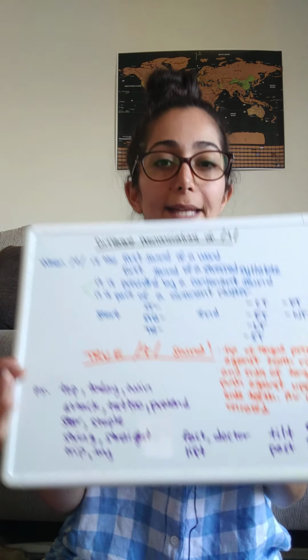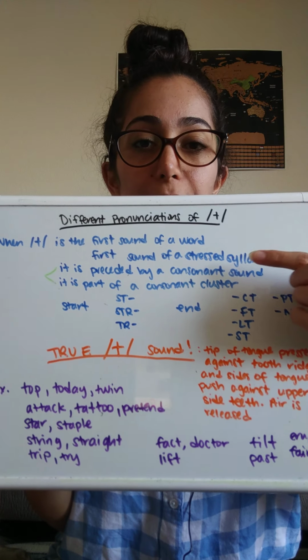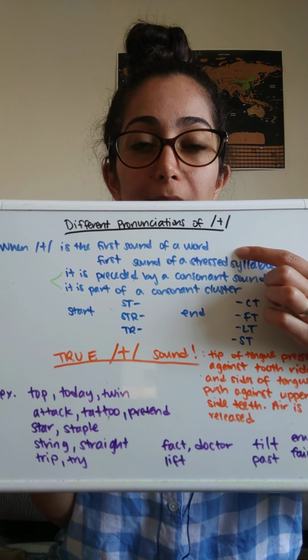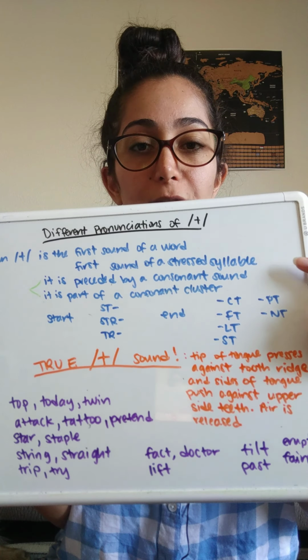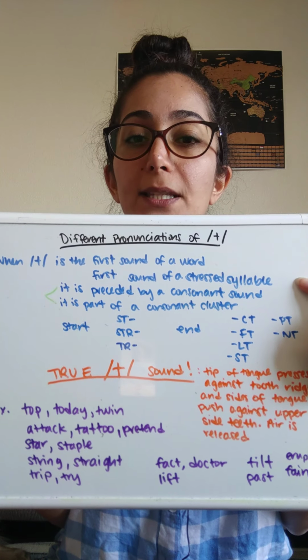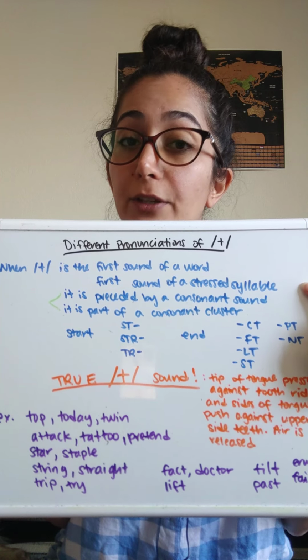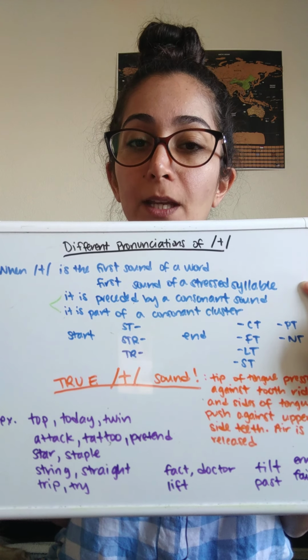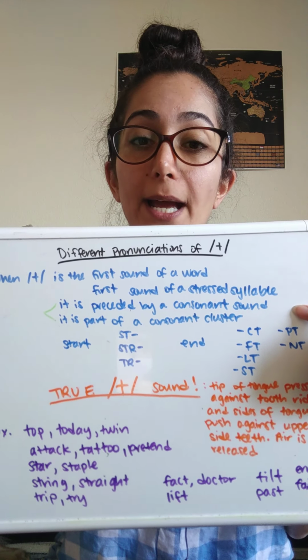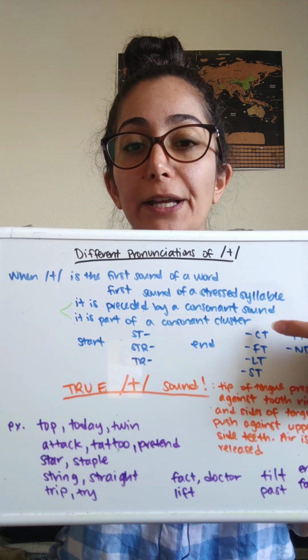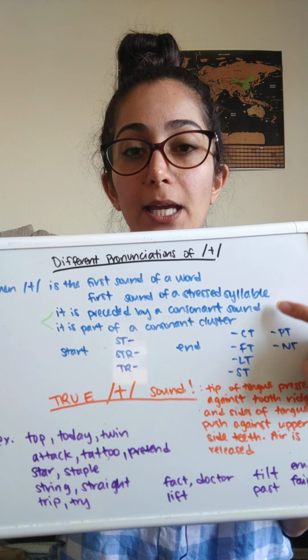Okay, so when do we do that? When it's the first sound of a word, and we'll go over examples for each of these so you'll see. When it is the first sound of a stressed syllable, when it is preceded by a consonant sound or part of a consonant cluster, okay?